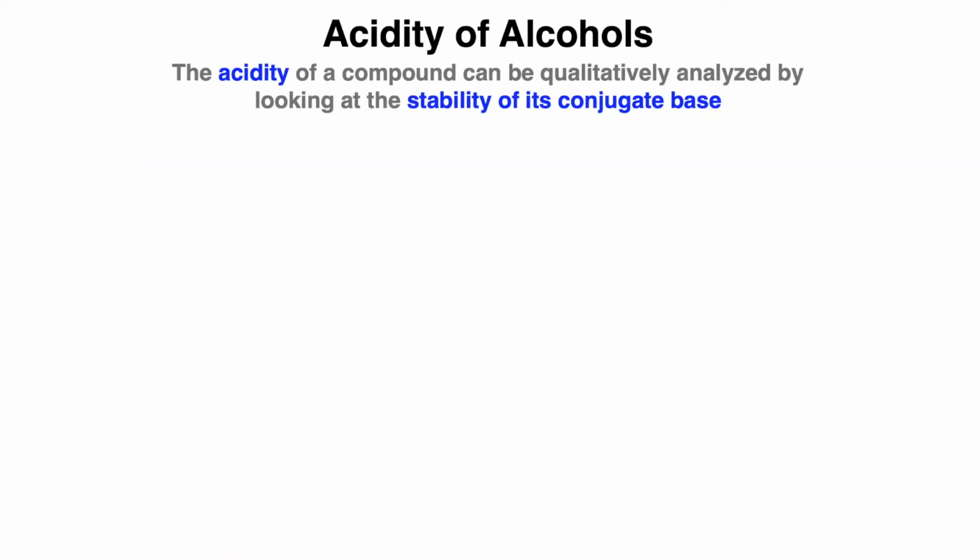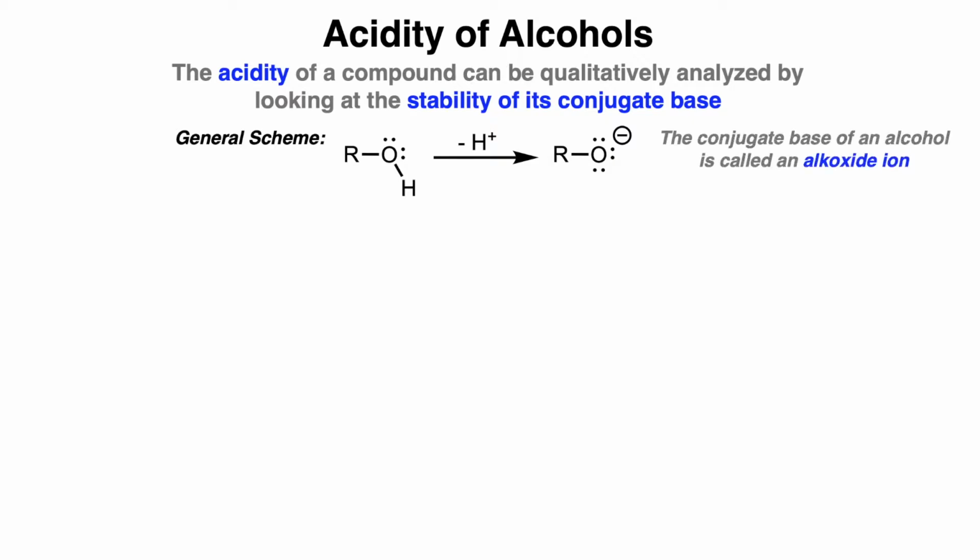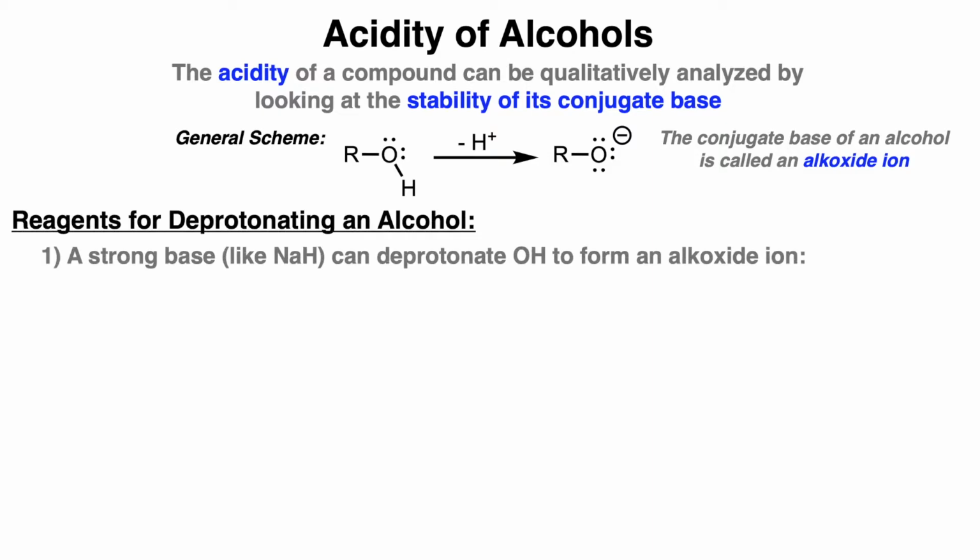Recall that the acidity of a compound can be qualitatively analyzed by looking at the stability of its conjugate base. The conjugate base of an alcohol is called an alkoxide ion, where there is a negative charge on the oxygen atom. There are two ways to deprotonate a hydroxyl group. One way is to use a strong base like sodium hydride, or NaH, where the hydride, H-, deprotonates the alcohol.